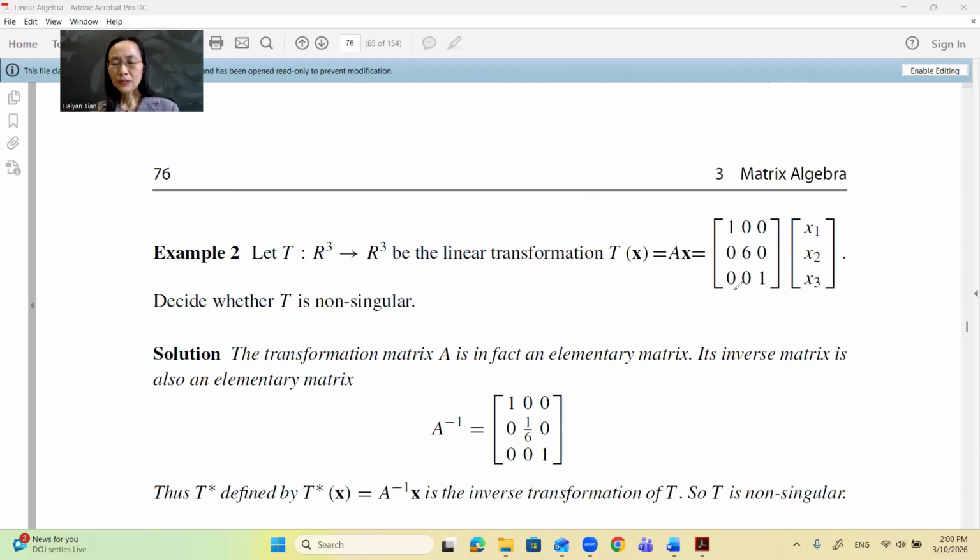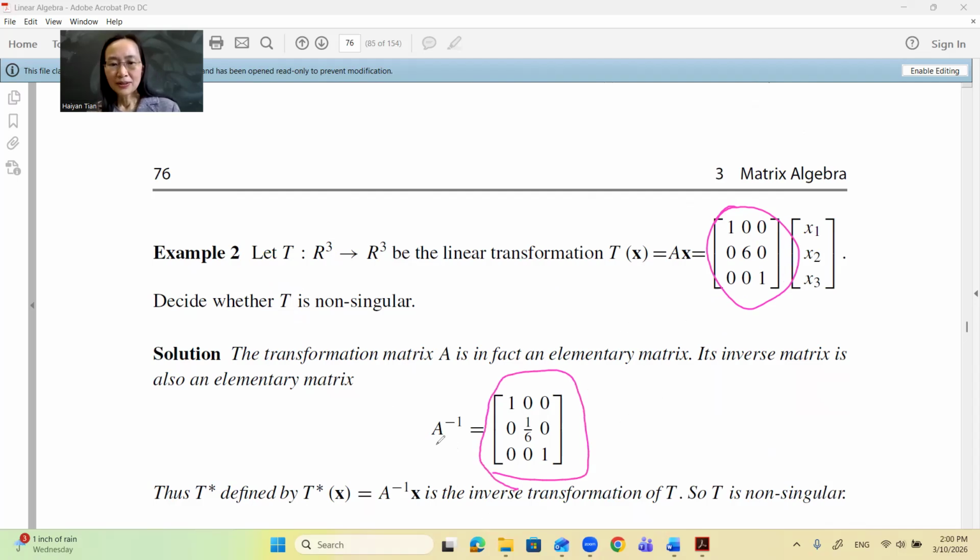So let's use this matrix A. Do we have an inverse for this A? We see that this is an elementary matrix, right? It is different from the identity matrix only by this. It's a scaling operation. So this elementary matrix is invertible, and its inverse is this one.